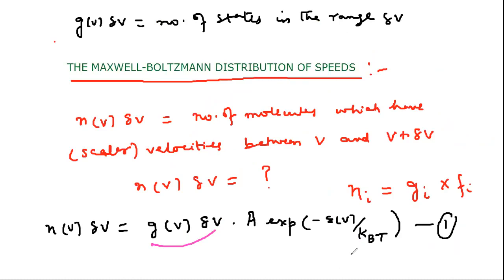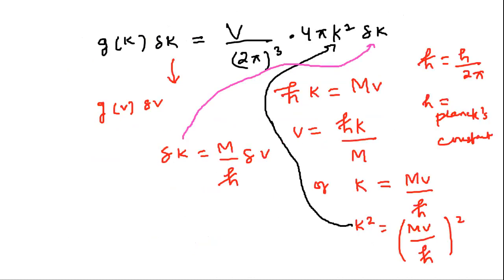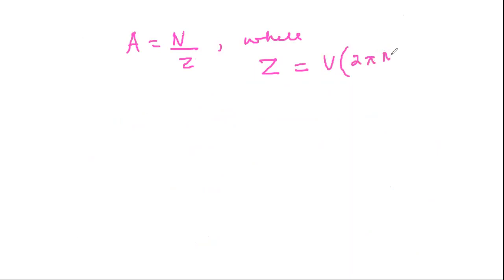A is N by Z, where Z is, which we solved for in the last lecture, V times 2 pi M K B T by H square raised power 3 by 2.